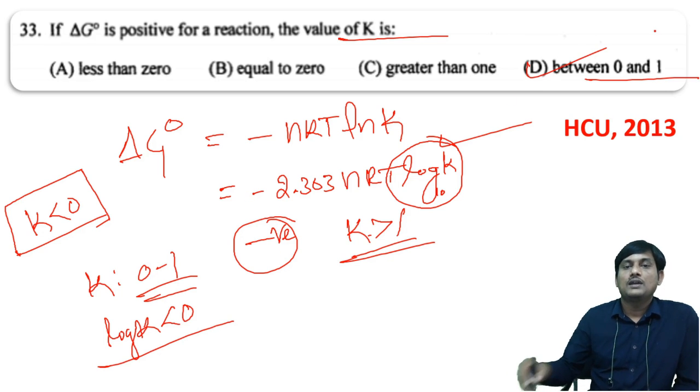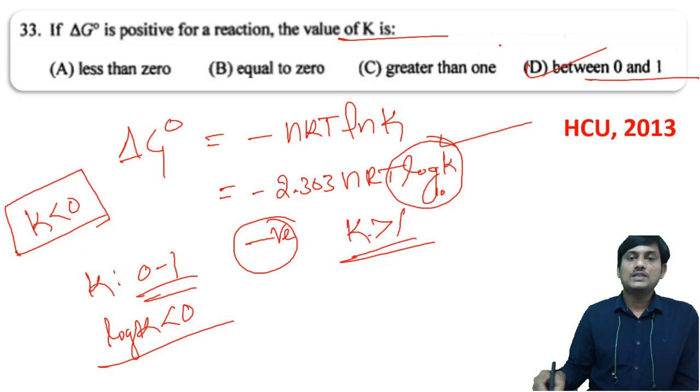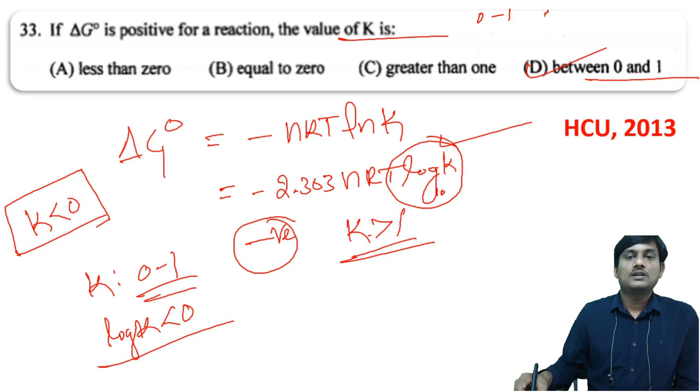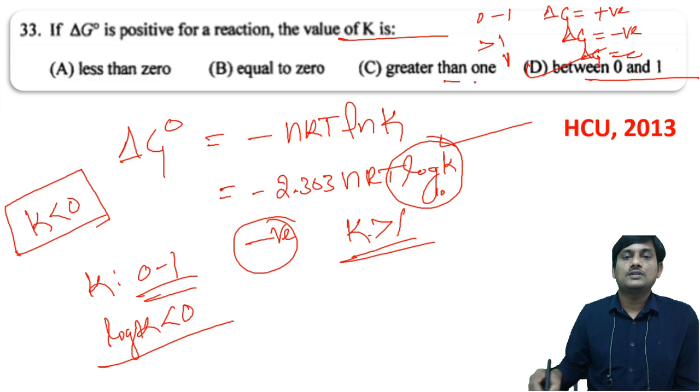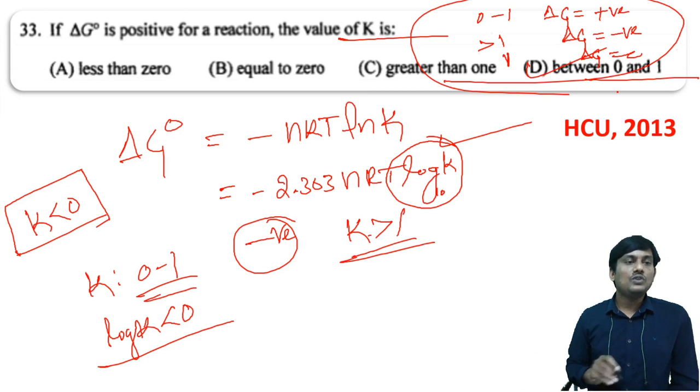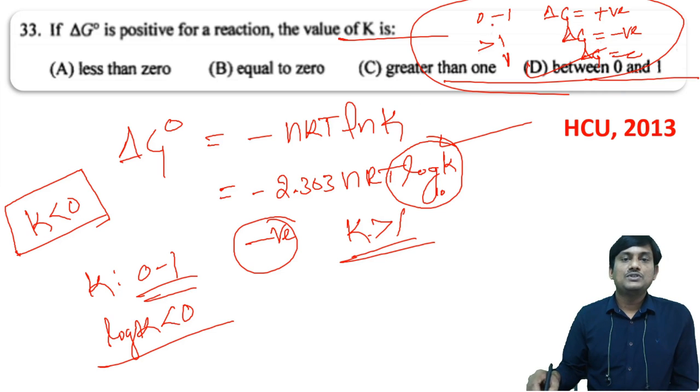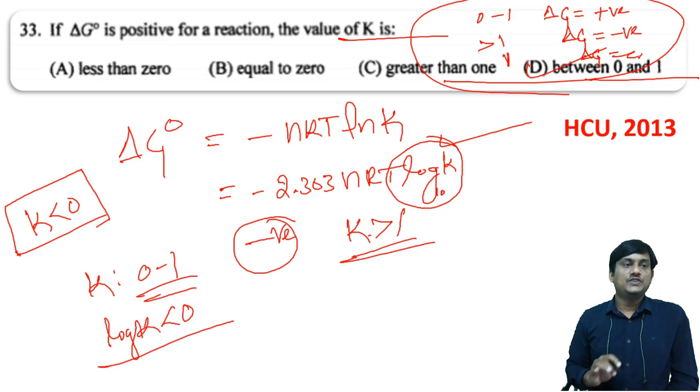So when k is between 0 to 1, delta G is positive, k greater than 1, delta G negative, and k equal to 1, delta G is 0. These are the important relations.